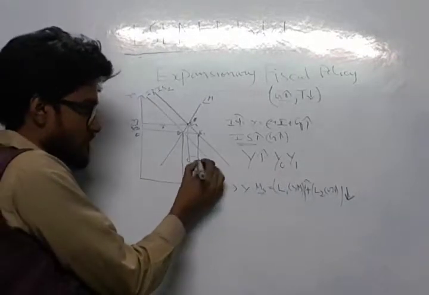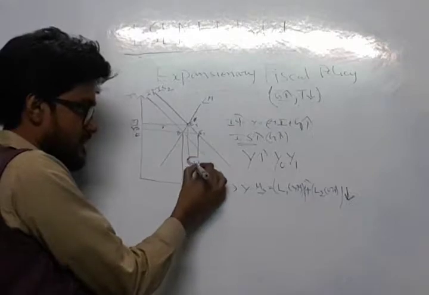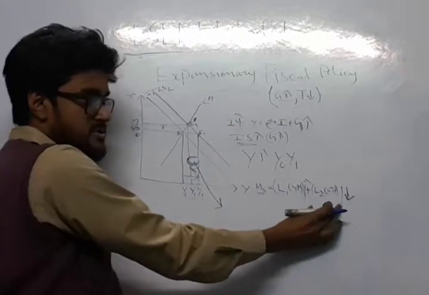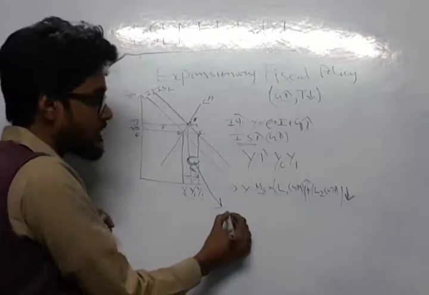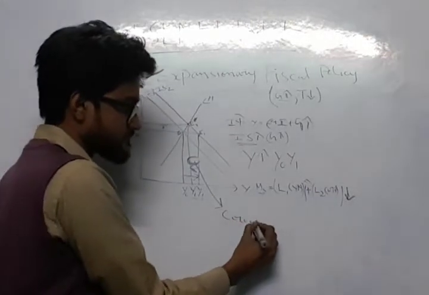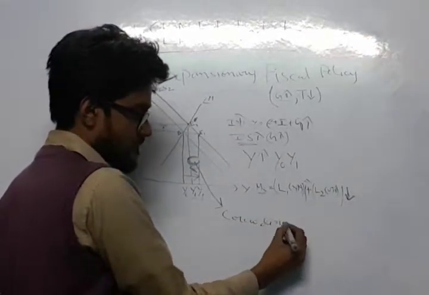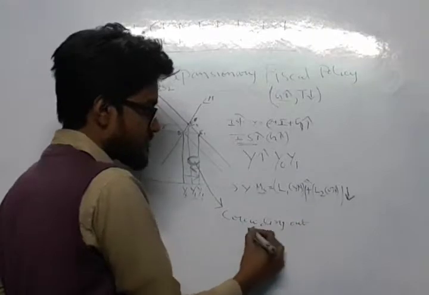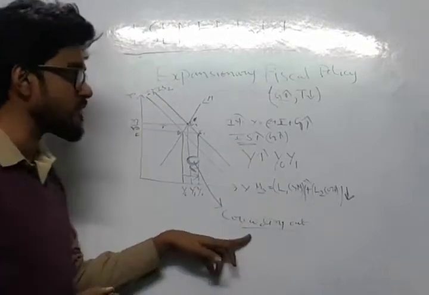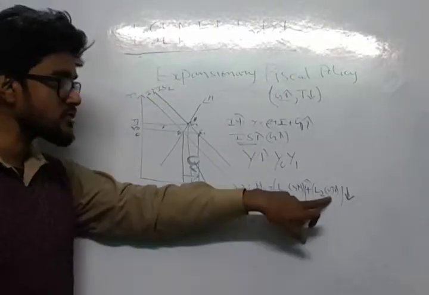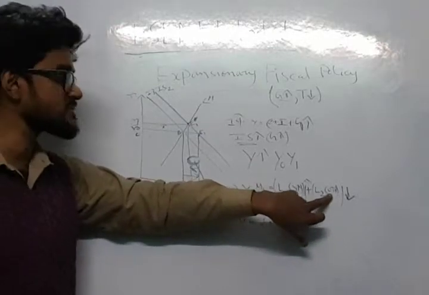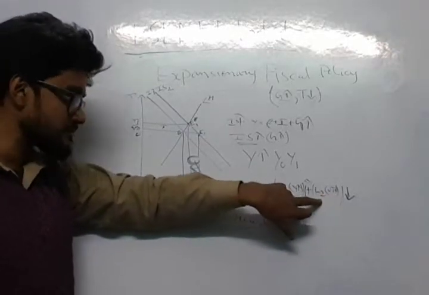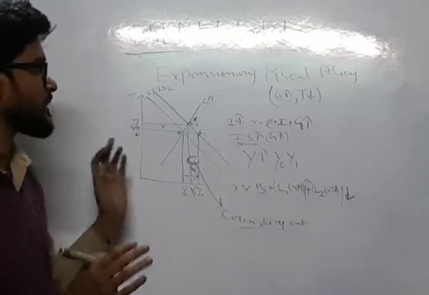This amount that you see here, due to the presence of speculative demand, we call crowding out. Why is crowding out taking place? Because of the presence of this term, R, which is the speculative demand part.